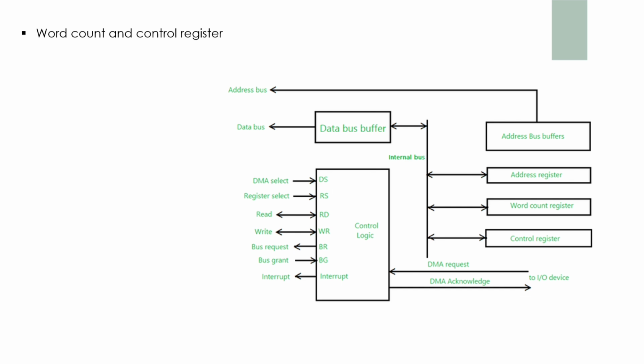BR, bus request. The CPU has a bus request pin, so the request sent by DMA to the CPU states that DMA is asking for the bus. BG, that is bus grant, which states that permission is granted and now DMA is the new bus master. And the last is interrupt. There is also a buffer for temporary storage of information.